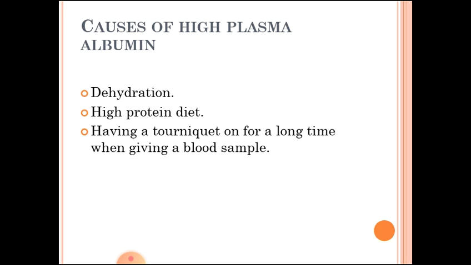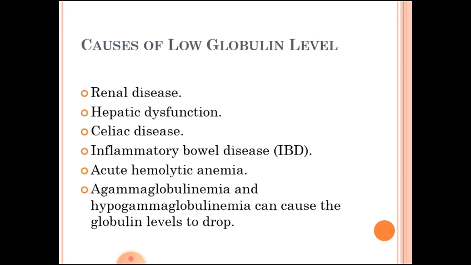Using the tourniquet for a long time also gives an increase in all constituents of the plasma due to blood capillary congestion, which can lead to water moving out from the capillary, and the plasma becomes more concentrated.